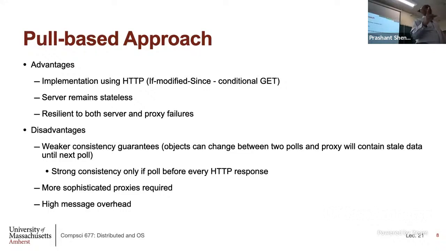Okay. The browser sends a request to the proxy, which has it cached. You send an IMS message to the server, first checking if it has changed or not before responding to the client. Okay. This will guarantee that you will never send any stale content to the client, because before responding after a cache hit, you are checking whether the page changed or not. Only then do you respond. Okay.